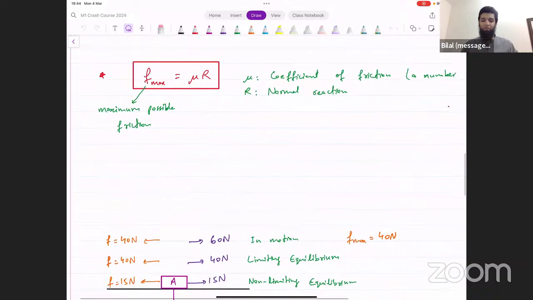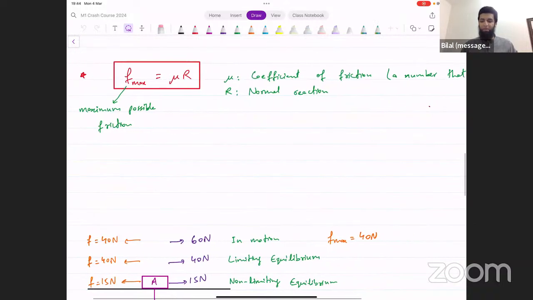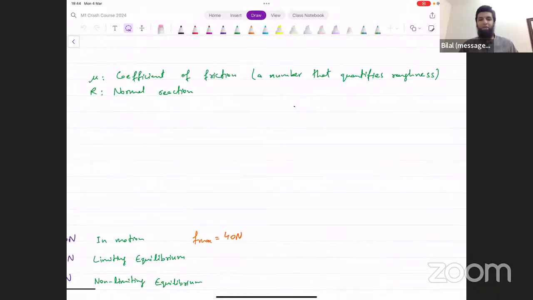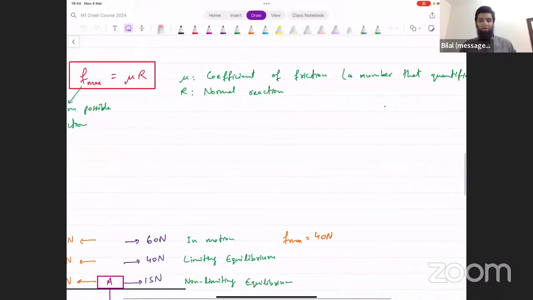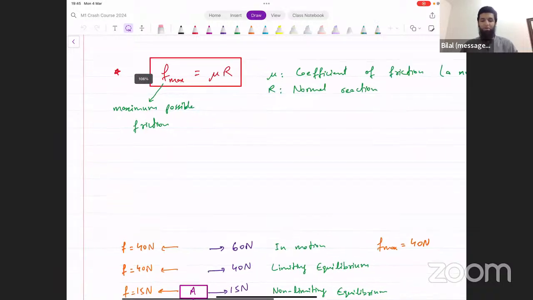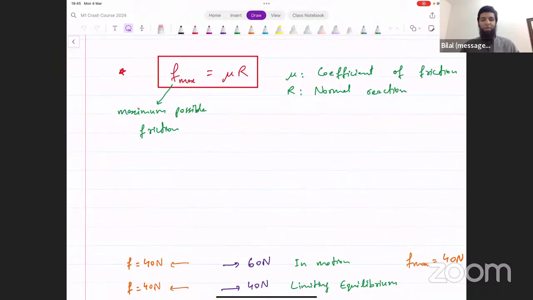Mu is the coefficient of friction. That's basically a number that tells you about the roughness of the object, and R is normal reaction. We'll discuss in detail why the maximum friction depends on the normal reaction. But now you need to remember this: F max, the maximum value of friction, is given by mu times R.